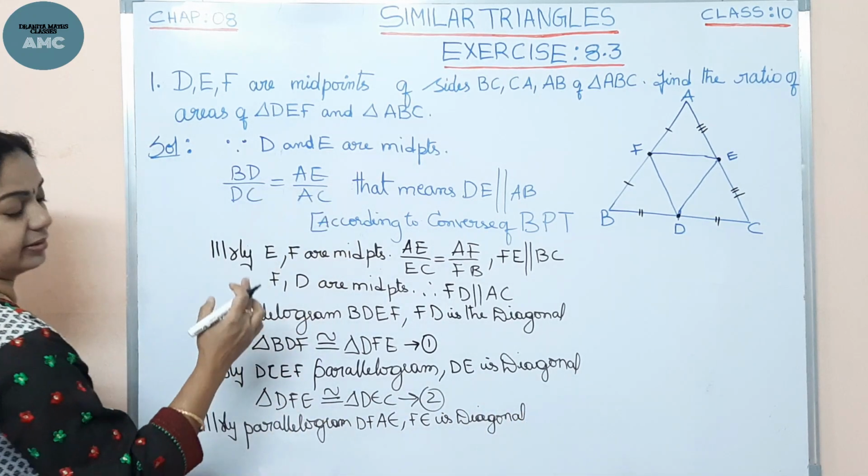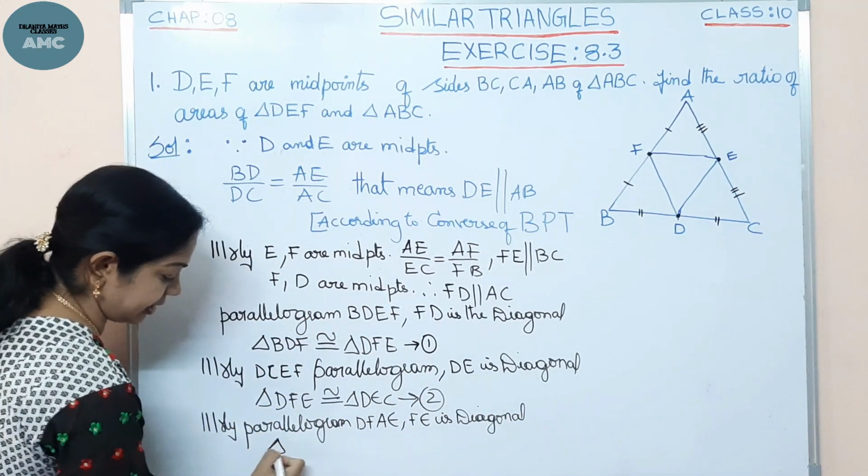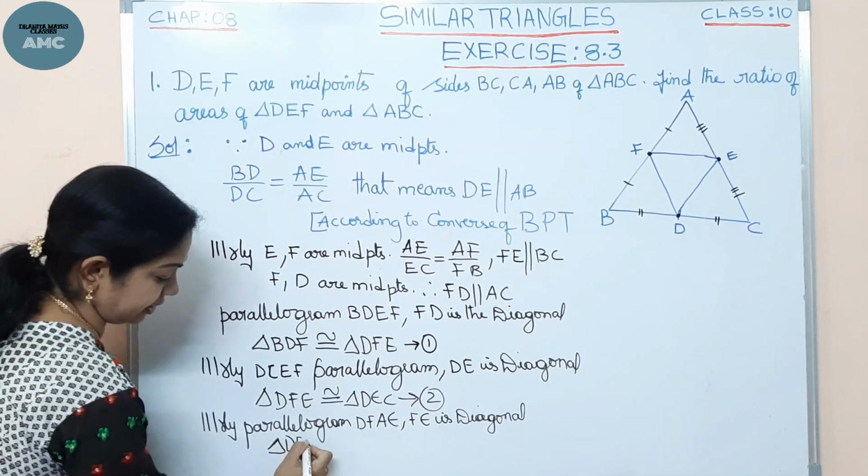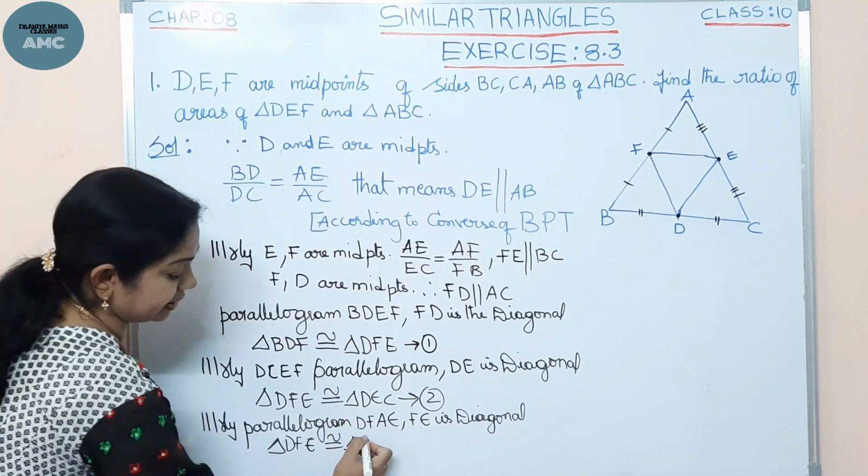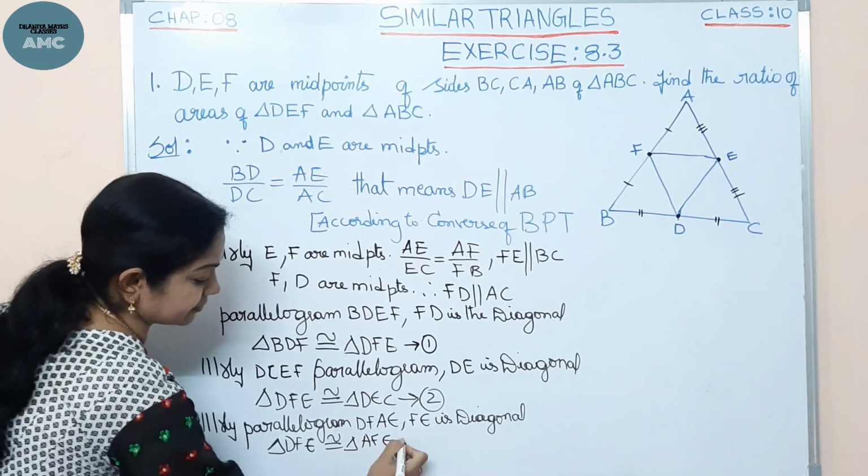So, in this parallelogram, we will be getting triangle DFE here is congruent to the triangle AFE.